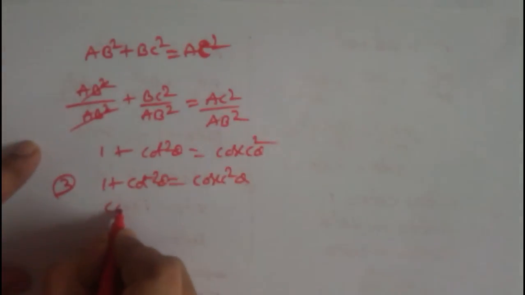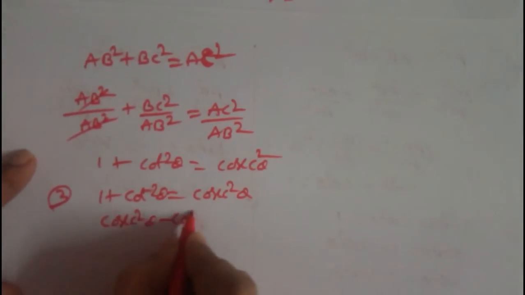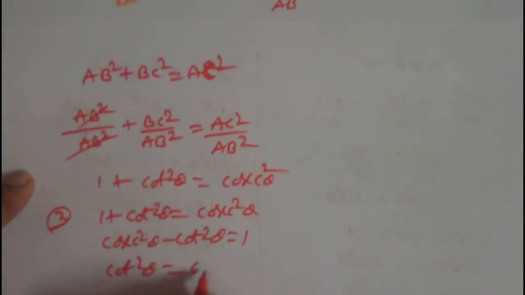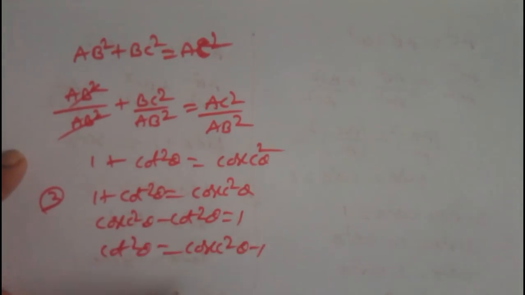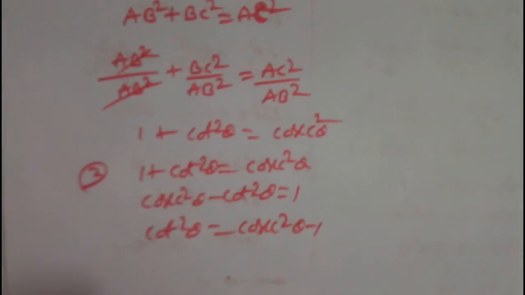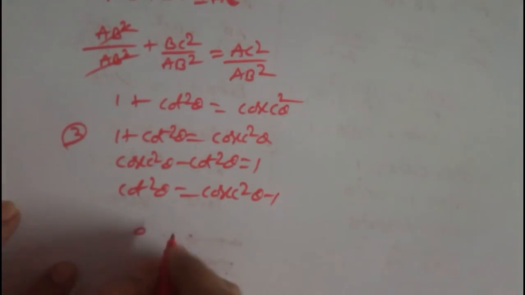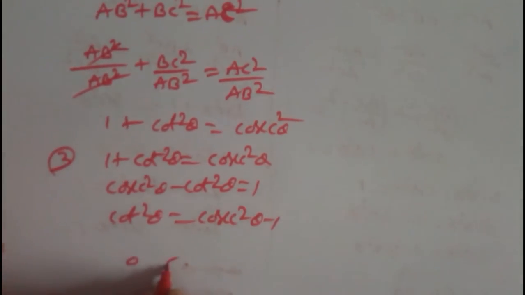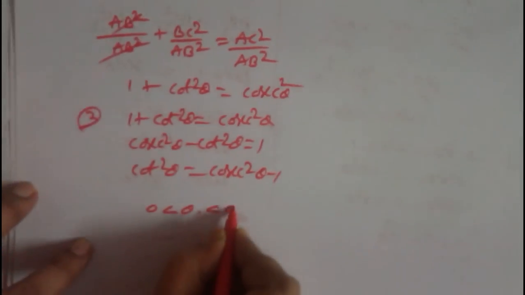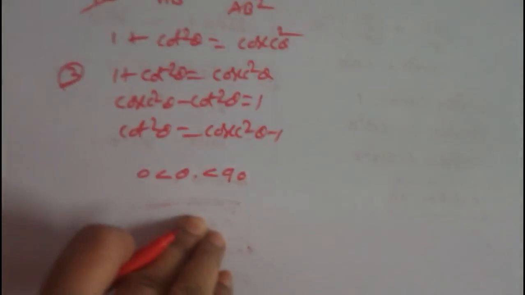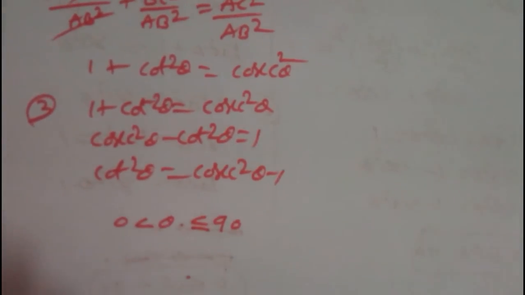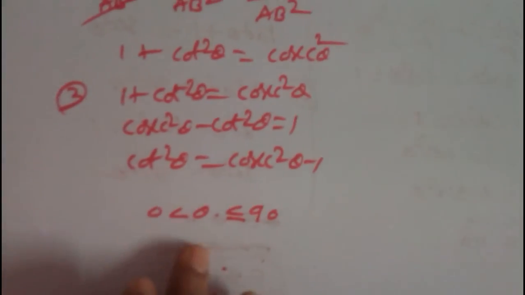From this one you can write cosecant square theta minus cot square theta is 1 and cot square theta is equal to cosecant square theta minus 1. Here the theta condition is theta greater than 0, less than or equal to 90.